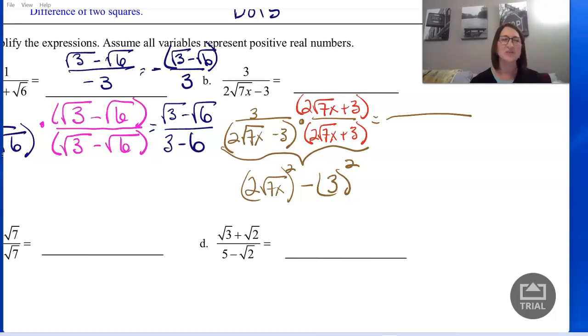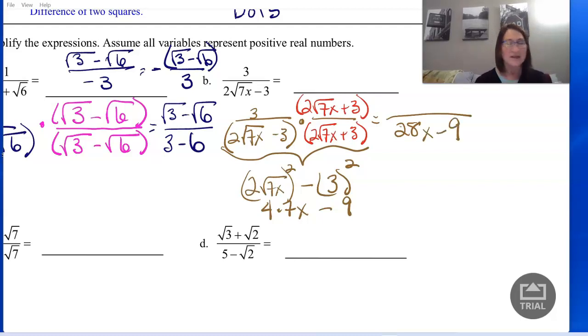Square root of 7x squared is 7x. So this would give us 4 times 7x minus 9, or 28x minus 9. The radical is gone. It's not a single number, but that's okay. The radical is gone, and that's what our goal is.